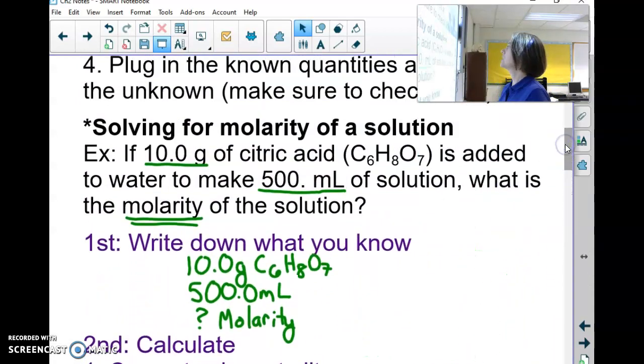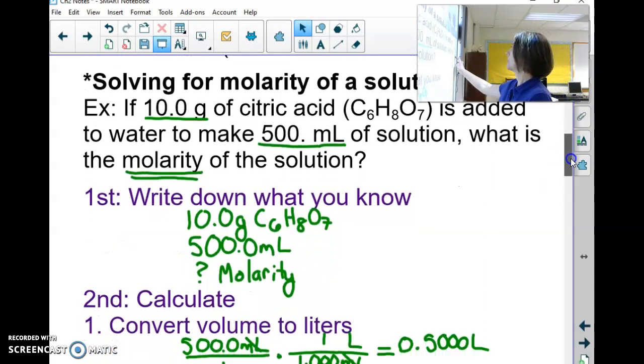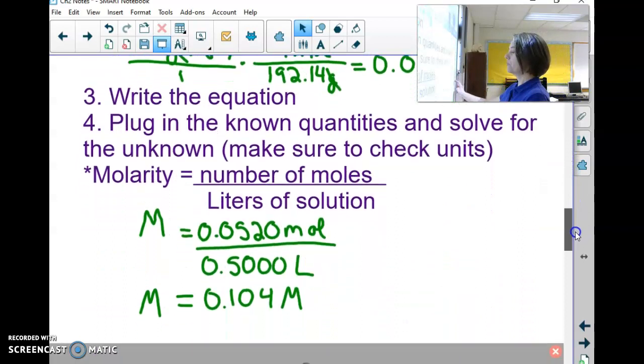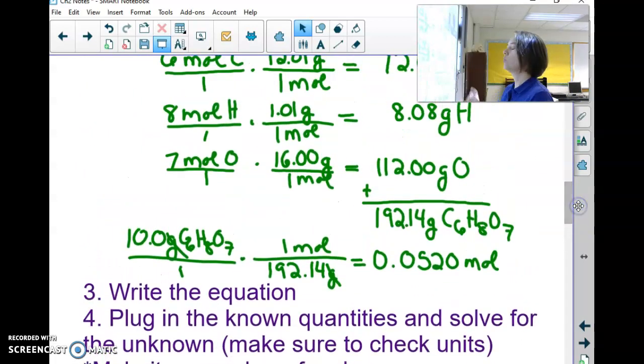Now the big question, is it reasonable? All right, so if 10 grams is added to half a liter, what is the molarity of the solution? Okay, so looking at our molar mass, if I had a 1 molar solution, I would have 1 mole in 1 liter.